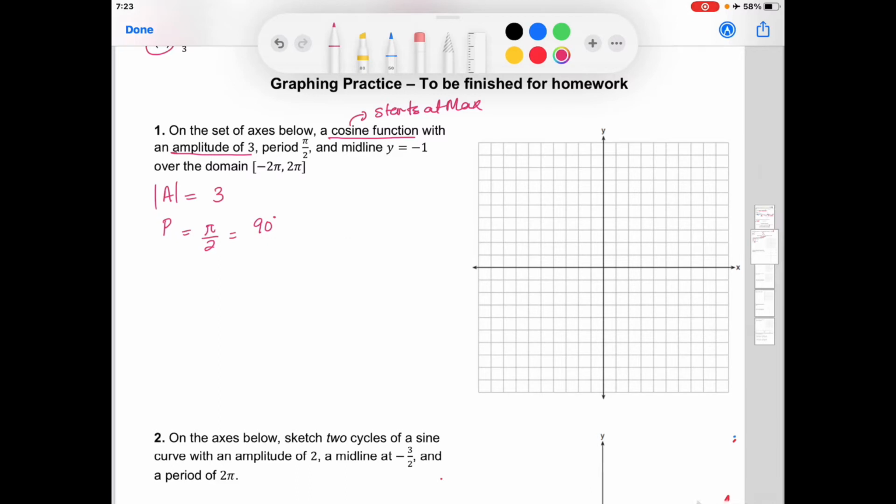Your midline, I'm just going to give some space. And I'm going to say midline is y equals negative 1. So midline is basically the letter D. So we should know that. Right? And now what else do I need? I want to graph it from negative 2 pi to 2 pi, meaning negative 360 to 360.